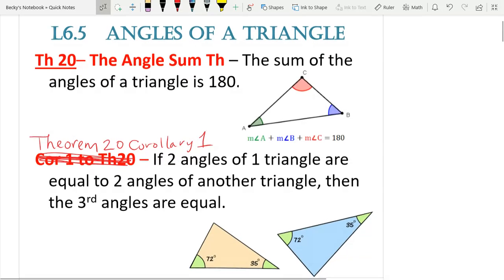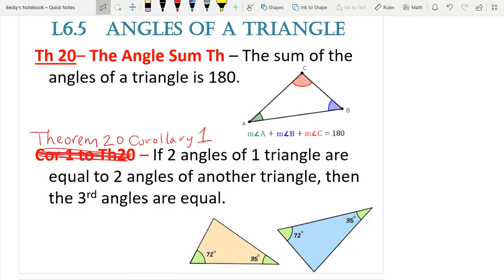All right, so if two angles of one triangle are equal to two angles of the other triangle, then we can just kind of understand that the third angles are equal. Now, in every other textbook that I've taught out of, this is called the third angle theorem. The idea is we're finding the third angle.